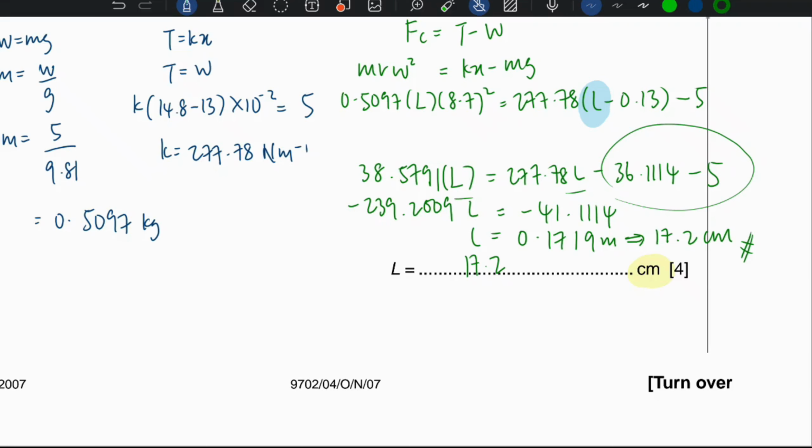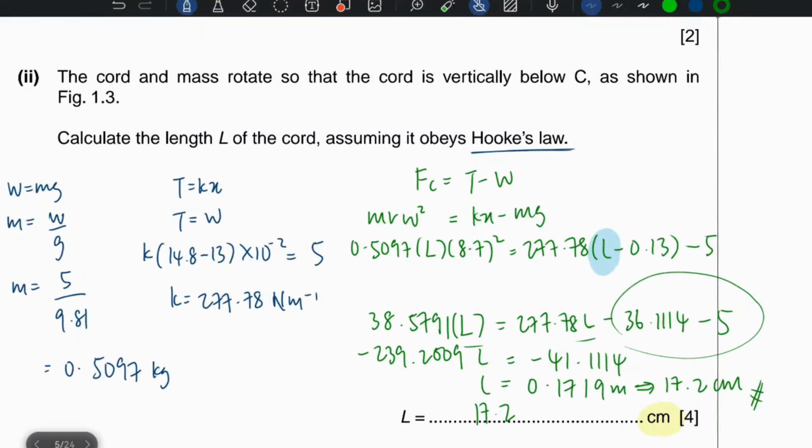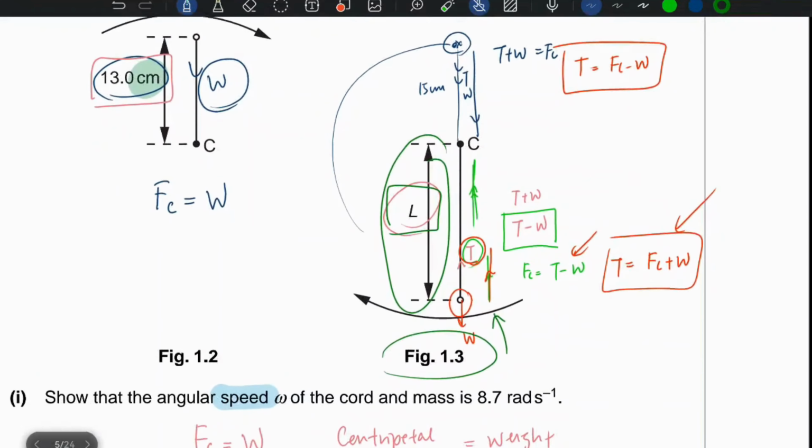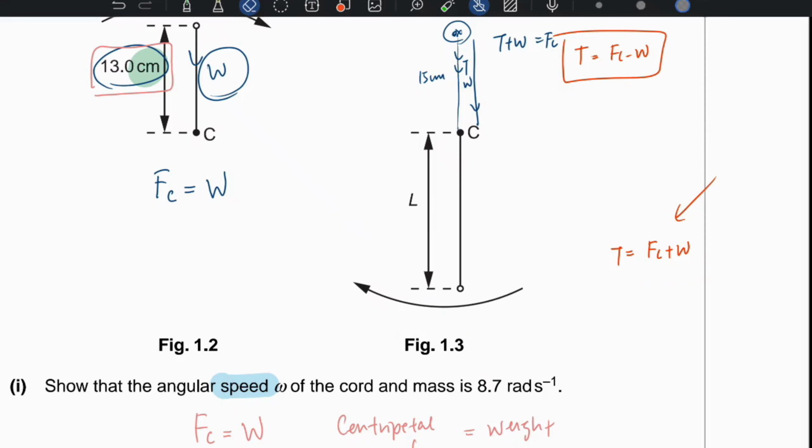Okay, so let's have an overview. Look back at what we just did. First thing is we analyze the diagram. Since L is an extended length, we know that we have tension and we know we have weight. The next thing: how would our equation be formed?